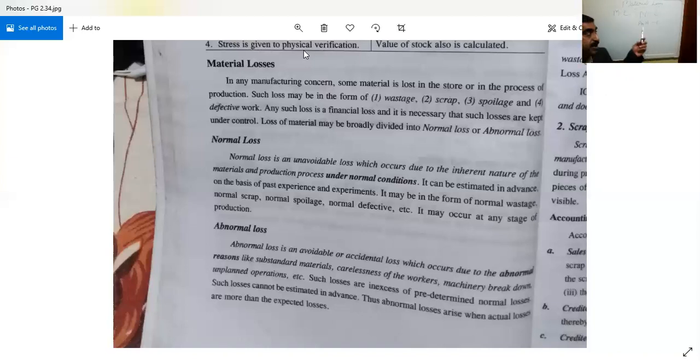Based on these, material losses occur. Two types of material losses are normal losses or unavoidable losses, and abnormal losses or avoidable losses. Clear? Then we see what are the four things: the wastage, the scrap, the spoilage, and the defective work.